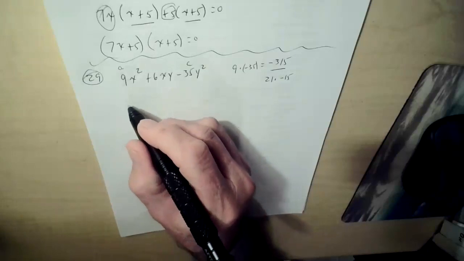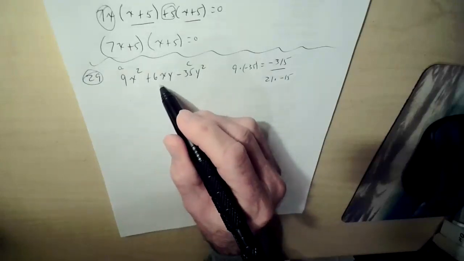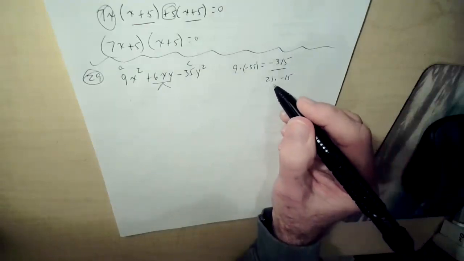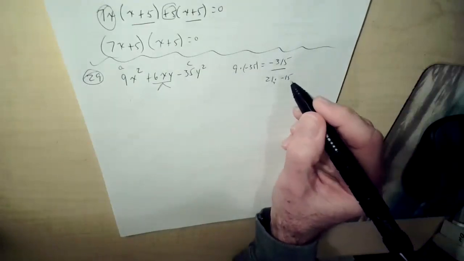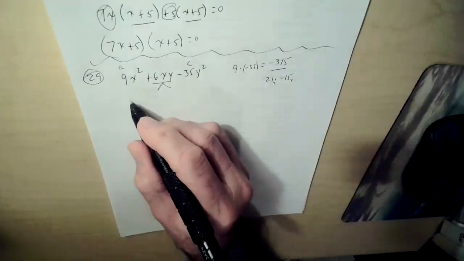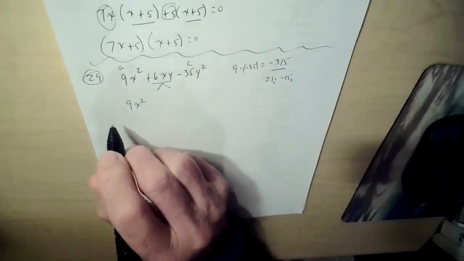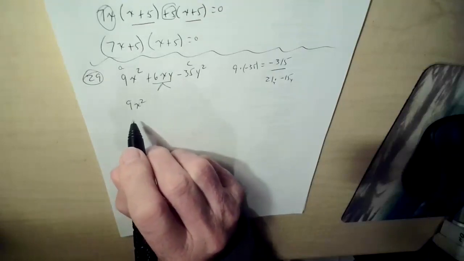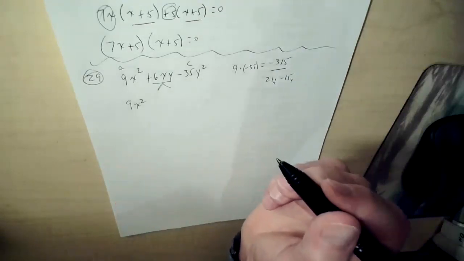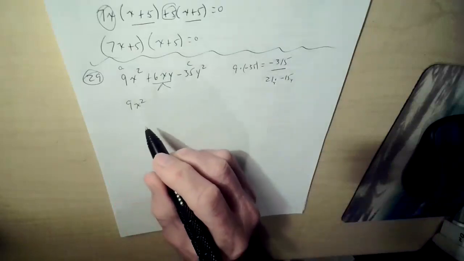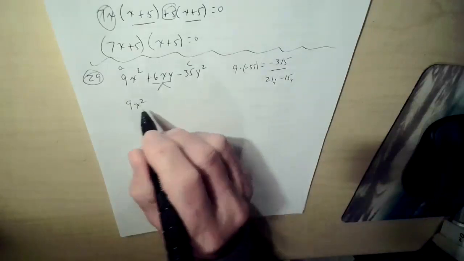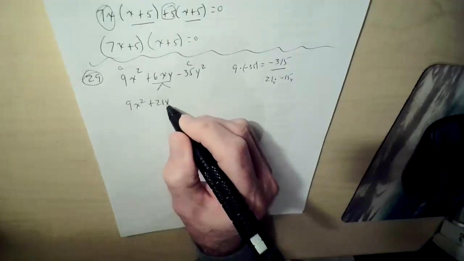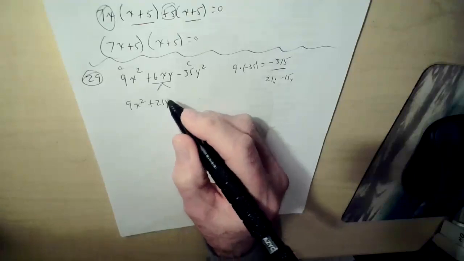So what are we going to do here? Okay, and again, we're going to split this term up. And this is actually y here. 9x squared. Let's see, which one do we want to put here? 21, I guess.